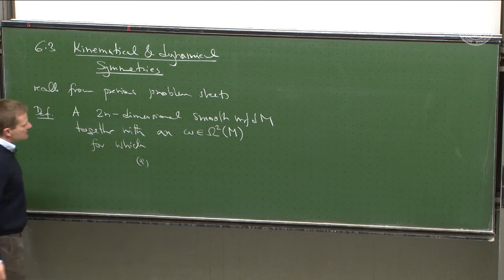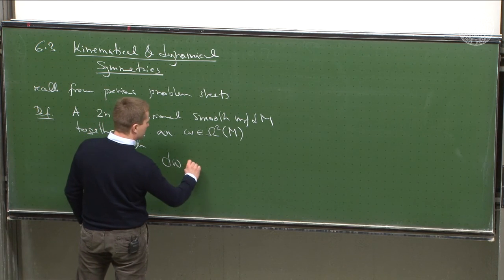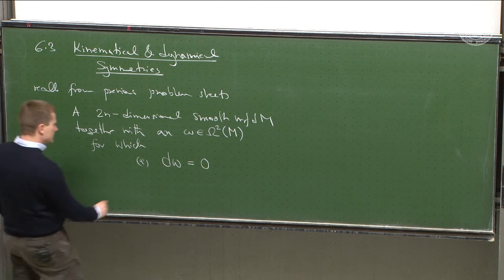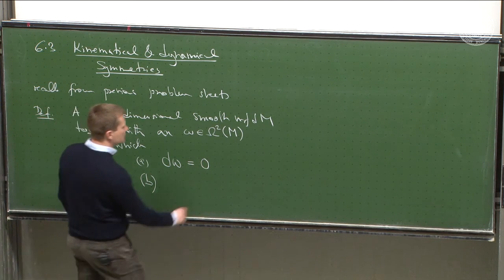A, this two-form is closed, so that means that the exterior derivative of the two-form is 0. And the second condition is that the two-form be non-degenerate.